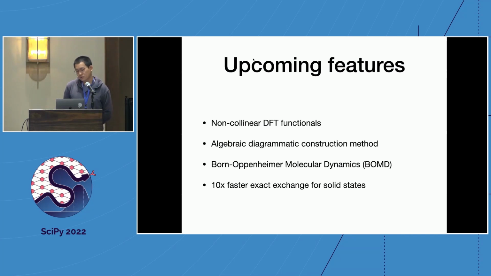And this should be in the new release, but the release is a little bit behind schedule. There are new features we developed in the last year, including some non-collinear DFT treatments, a new correlation method called the ADC method, a new molecular dynamics module, and a huge speedup in the PBC exchange code.